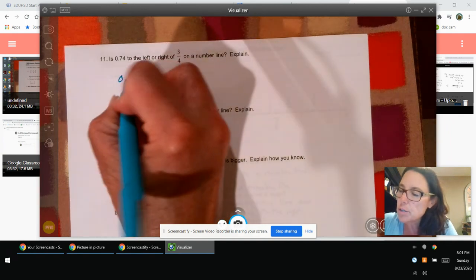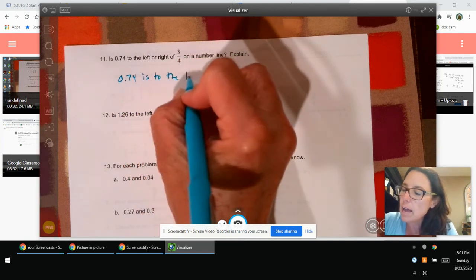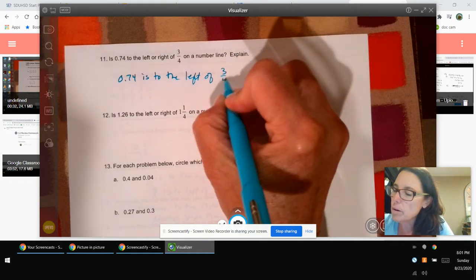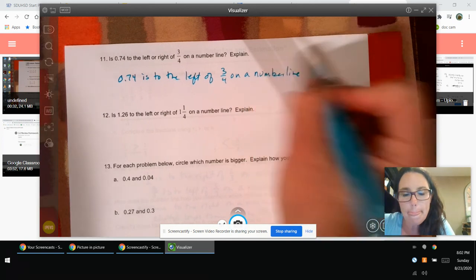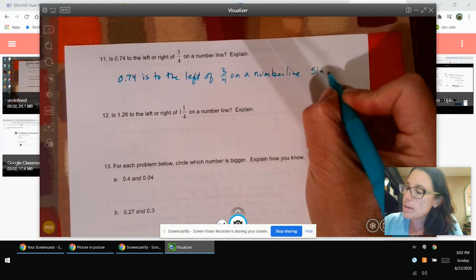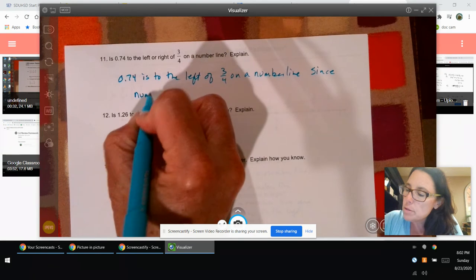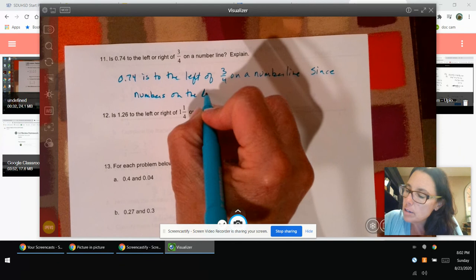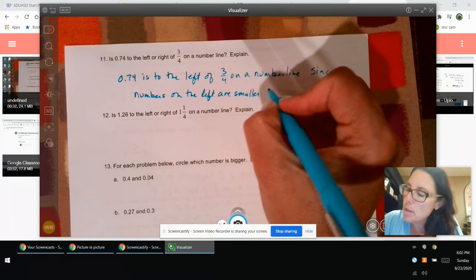Okay, so 0.74 is to the left of 3/4 on a number line, since numbers on the left are smaller than numbers on the right.